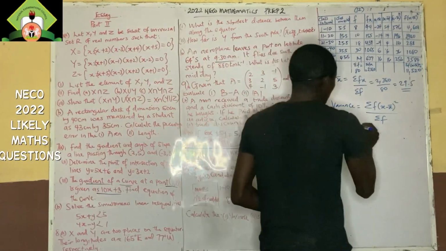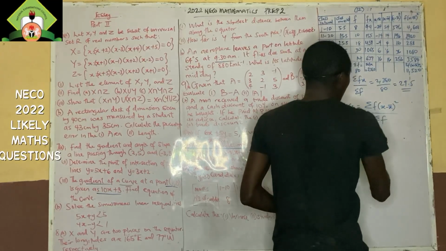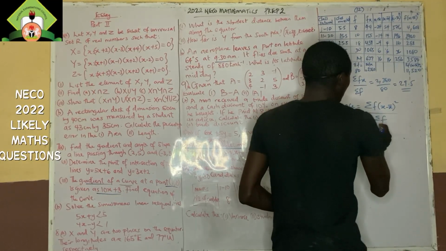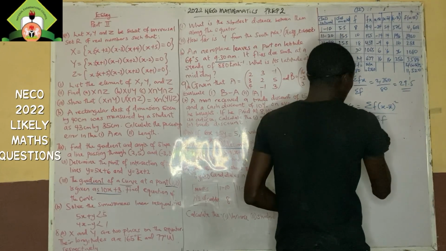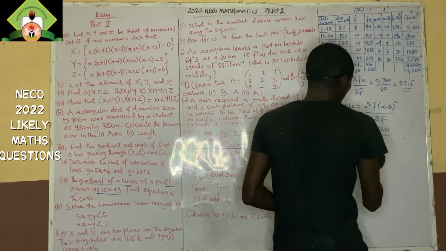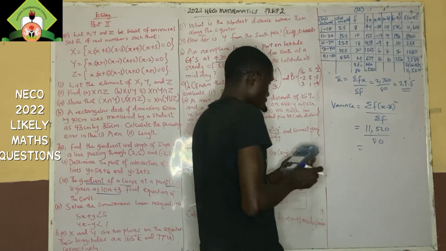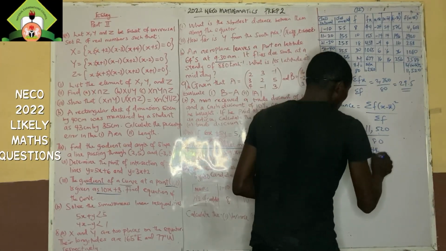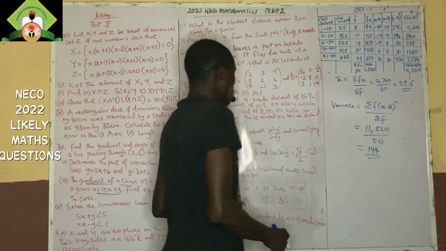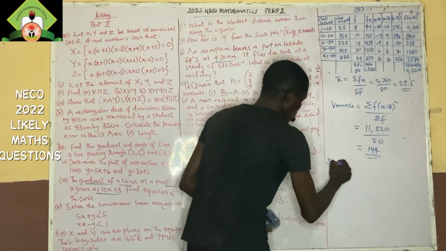The summation of this one will now be 11,520 all over summation f, which is 80. 11,520 divided by 80, the answer is 144.